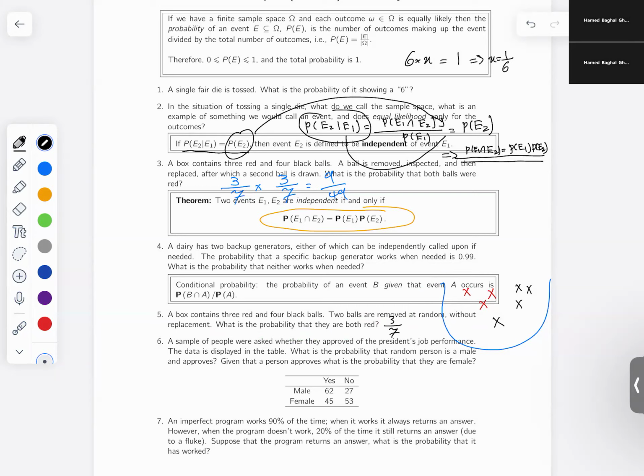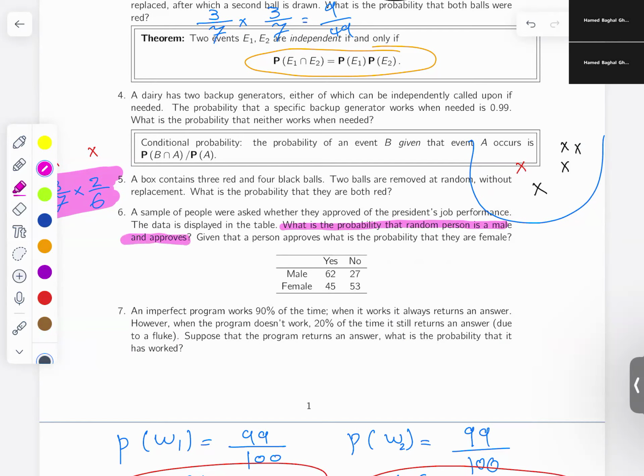What's the probability that a random person is male and approver? Let's have a Venn diagram for this one. Male and female. Can we have an intersection?